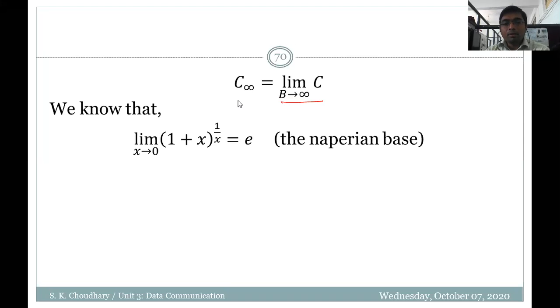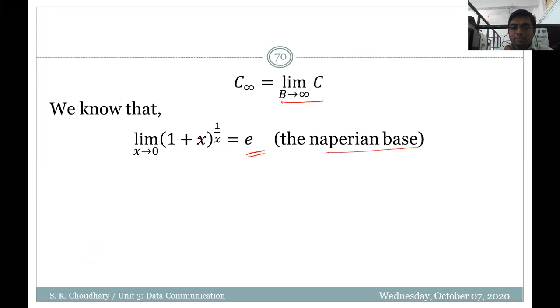We know one of the mathematical equations of limit: when limit x tends to 0, (1 plus x) raised to the power 1 upon x is equivalent to the Neperian base e, whatever the base we use in the natural logarithm.